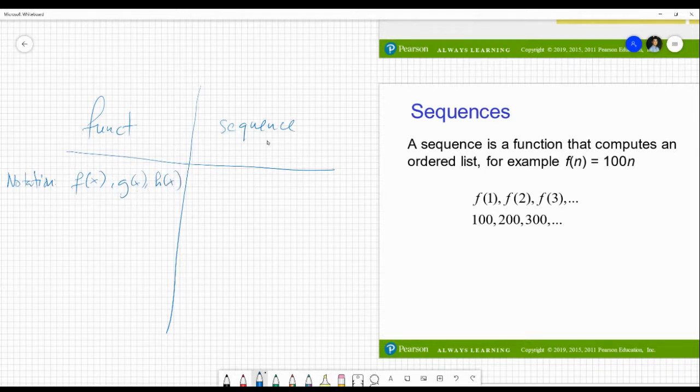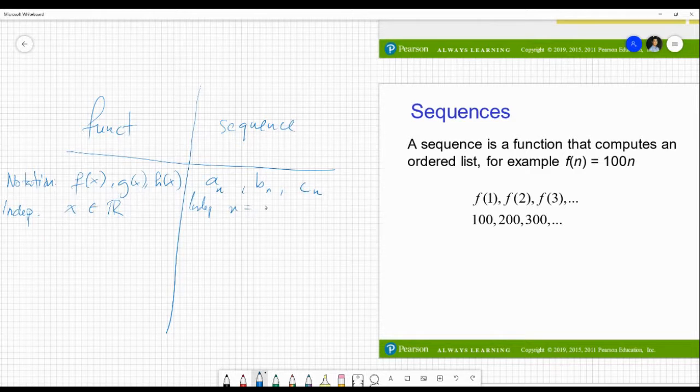However, for a sequence, we're going to use a subscript n, or b subscript n, or c subscript n. Our independent variable over here is x, and x can be any real number. Over here, our independent variable is n.